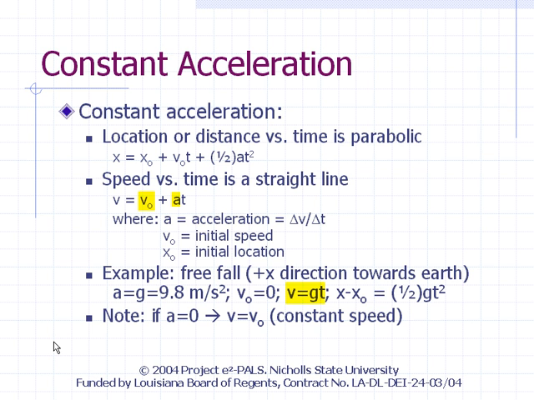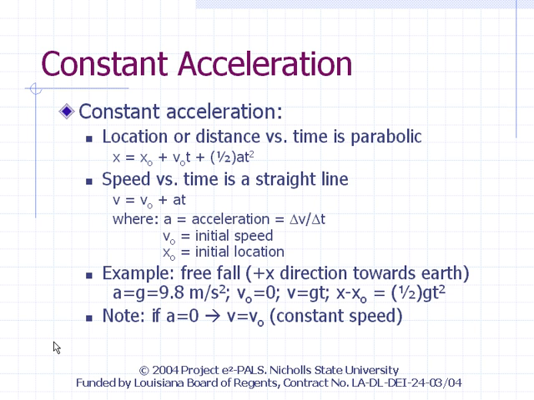In other words, the speed is proportional to the elapsed time. The more time has elapsed, the faster the speed. In fact, for every second, the speed increases by 9.8 meters per second. We say that the acceleration due to gravity is 9.8 meters per second per second.